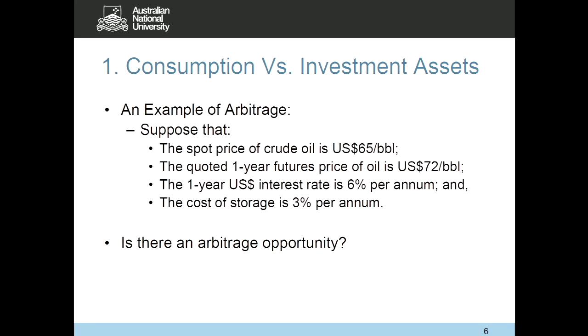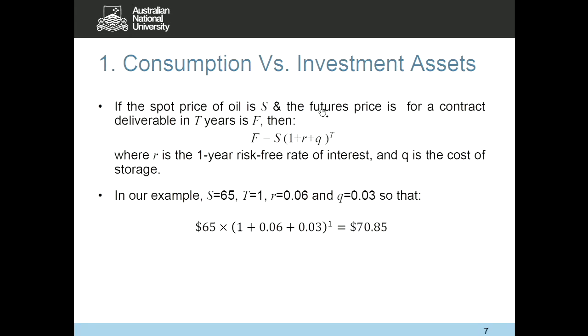The question asks, is there any arbitrage opportunity here? In order to identify whether there's any arbitrage opportunity, you have to ask yourself how much it costs me to replicate the outcome of the 1-year futures contract on oil. We know how to calculate that. As I mentioned earlier, we can buy that barrel of oil today for the spot price, $65 per barrel, and we borrow some money at the risk-free rate to buy it, and we also pay a storage cost.